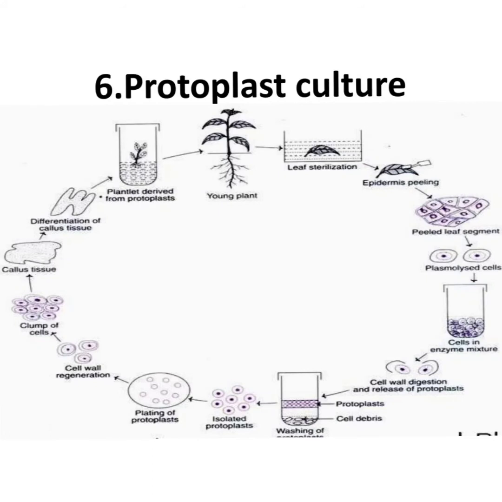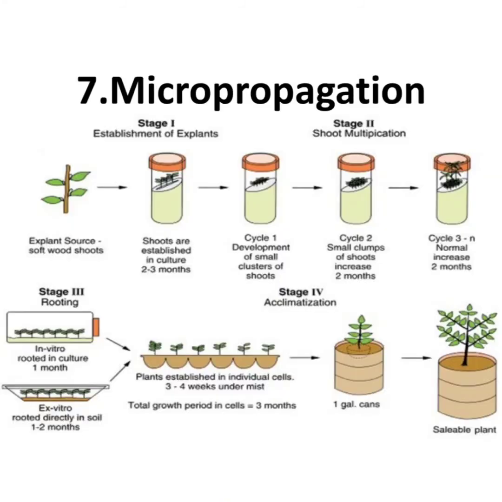And the cell debris is removed and the protoplast is washed and is plated in a nutrient medium. And this protoplast develops a cell wall and forms clumps of cells, and these clumps of cells form the callus. The callus slowly differentiates into different organ tissues and forms plantlets, and each plantlet is planted in individual pots or soil.